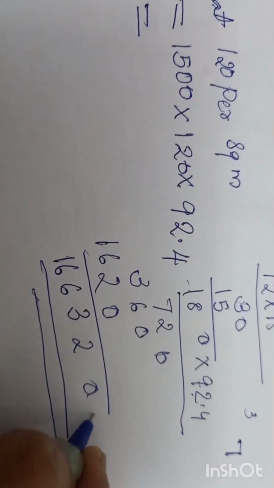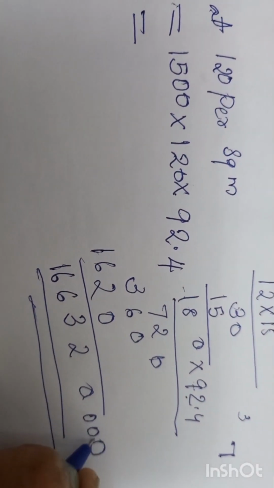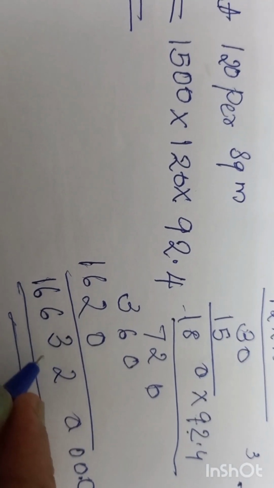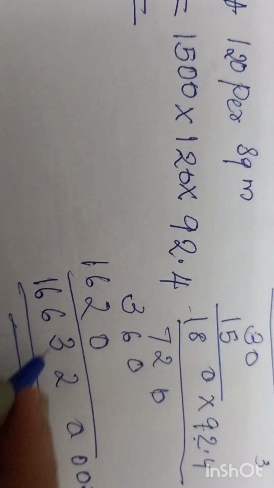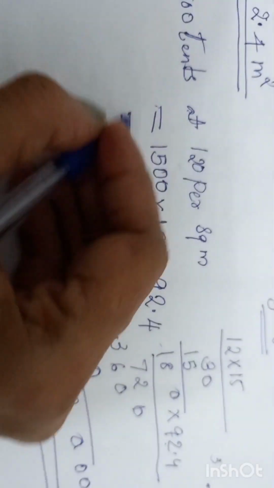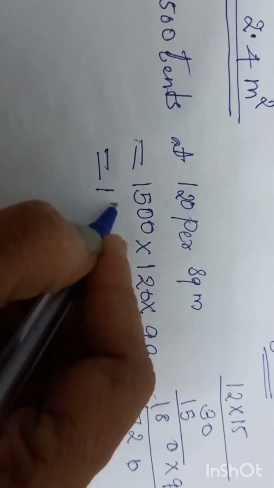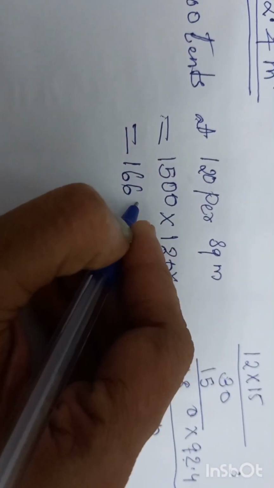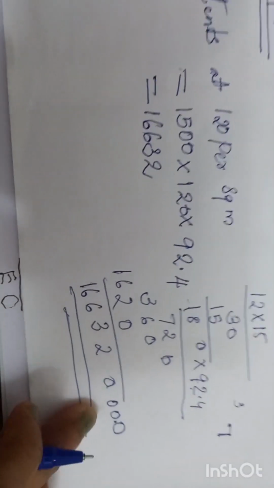How many zeros? 3 zeros. So we get 1 6 6 3 2 3 0. Okay, let's write it. Is equal to 16 6 6 3 2,000, right?